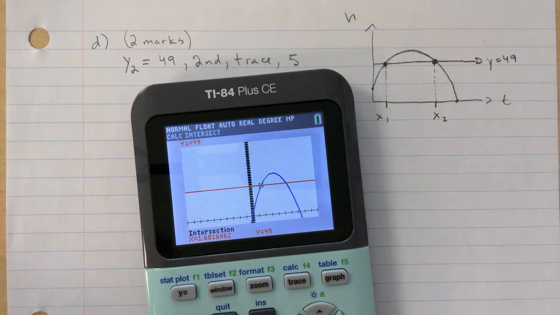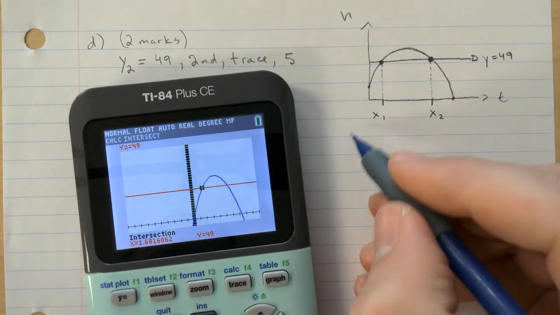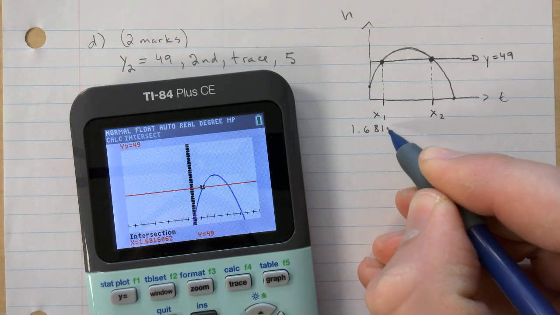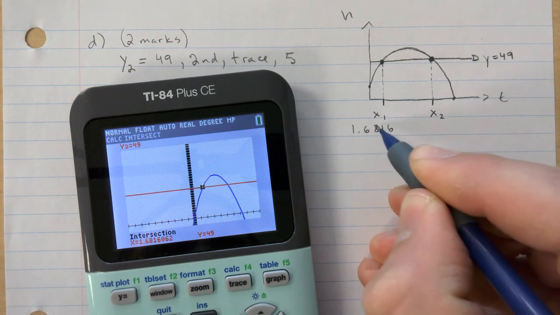When you do that, you want to use twice the decimal point. So you know how I asked you to round to 2 decimals on your final answer? Here we're going to grab 4 decimals because we're going to use this to find our time spent at or above. So I'm going to write down 1.6816, so round to 4 decimals.